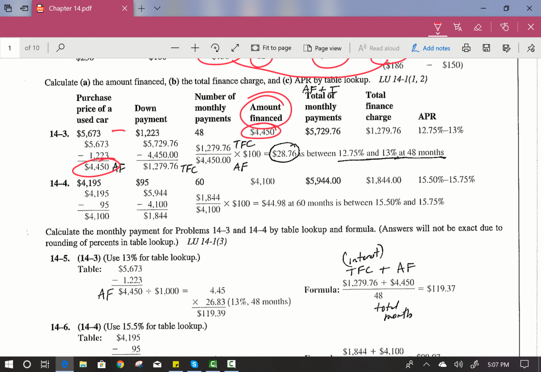Okay, then we want to find out the total finance charge, and to do that, we are going to calculate the total of all of our monthly payments, which is already given for us in this particular example. And so the amount of our principal plus our interest are all included in the total of your monthly payments, and that's $5,729.76.